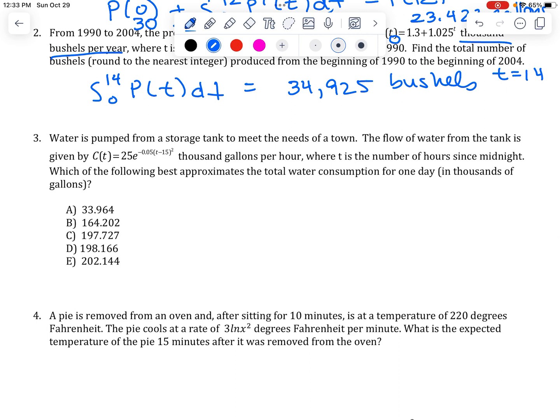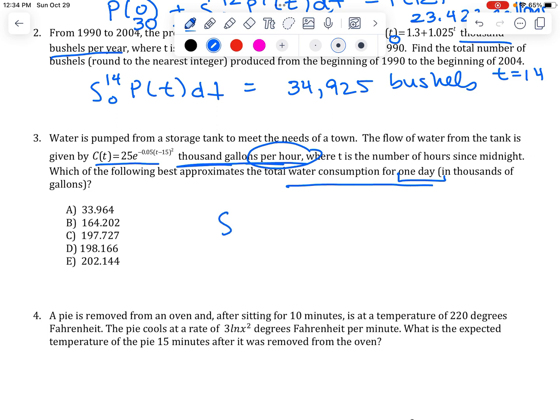Okay. Let's get the next one. Water is being pumped from a storage tank. The flow of water from the tank is given by this equation. Look at your units. It is gallons per hour, so it is giving you a rate. And t is the number of hours since midnight. I want the total water consumption for 1 day, so in a 24-hour period. Notice it asks for 1 day, but the units here are given in hours.